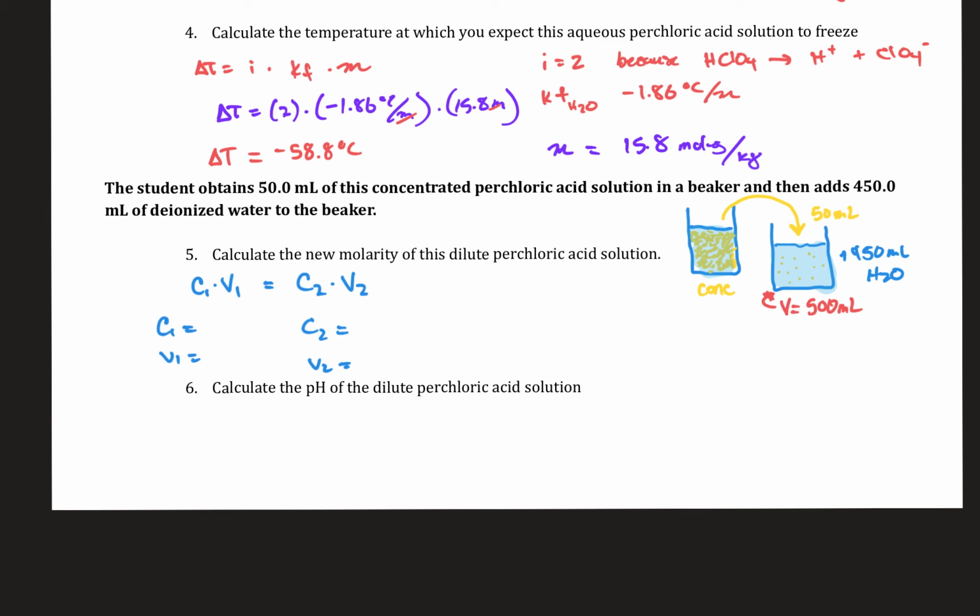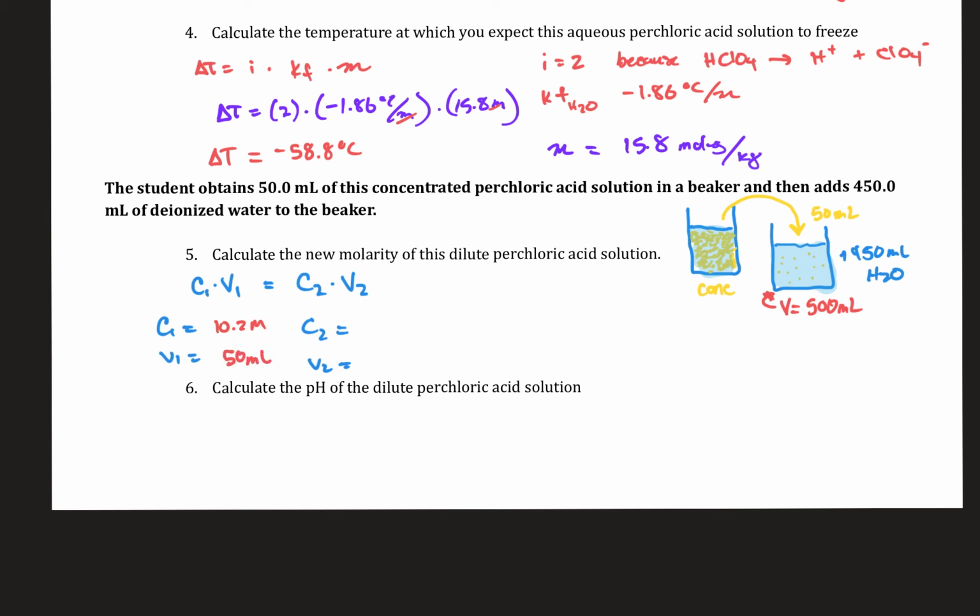Here we're going to use our C1 times V1 equals C2 times V2 dilution equation, where our initial concentration, C1, was 10.2 molar, and our initial volume, how much of that concentrated solution we started with, is 50 milliliters.